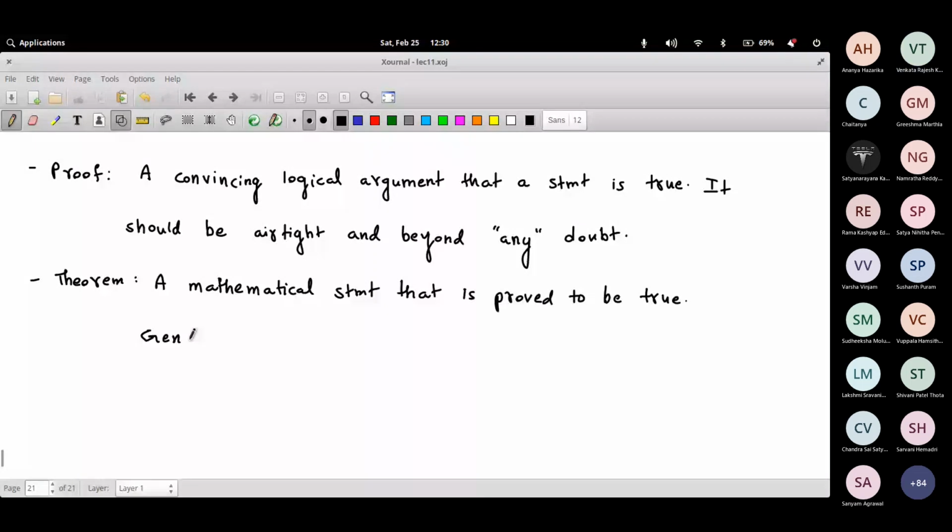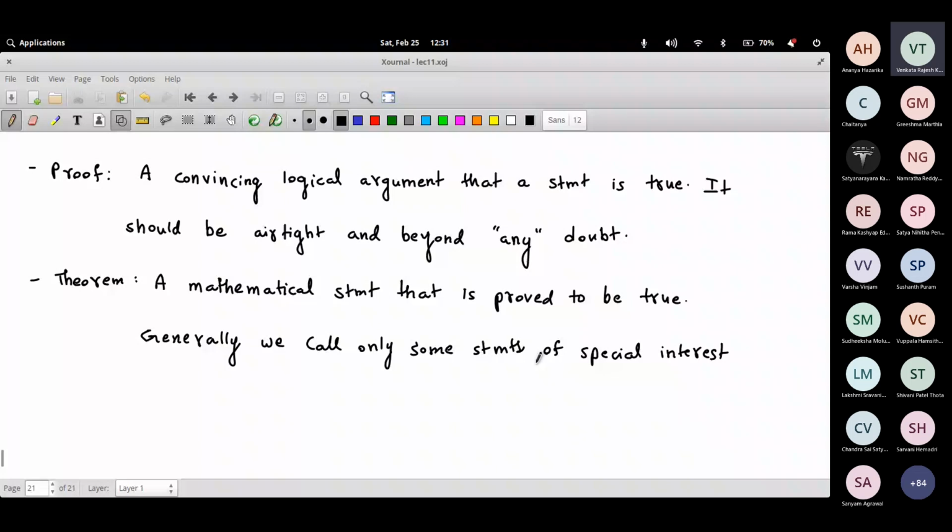Generally, we call only some statements of special interest as theorems.